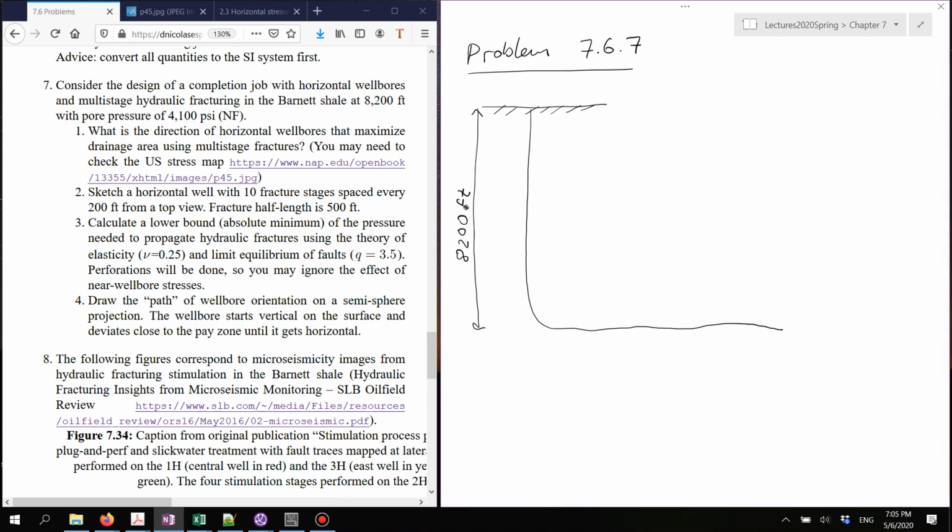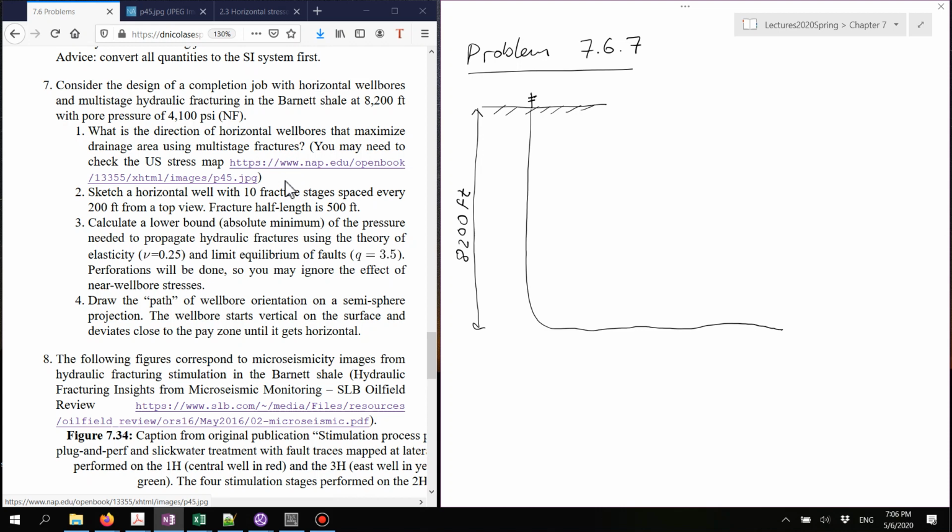All right, but now what is going to be the orientation of this wellbore in the geographical coordinate system? In which direction are you going to drill it? Well, for that you need to know what is the minimum principal stress direction in this location. And in order to do that, here I'm providing you with a link of the stress map of the US.